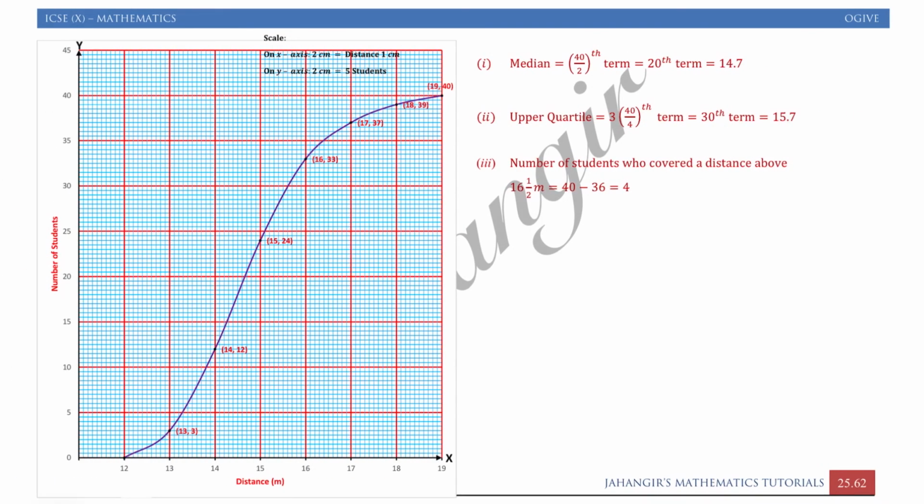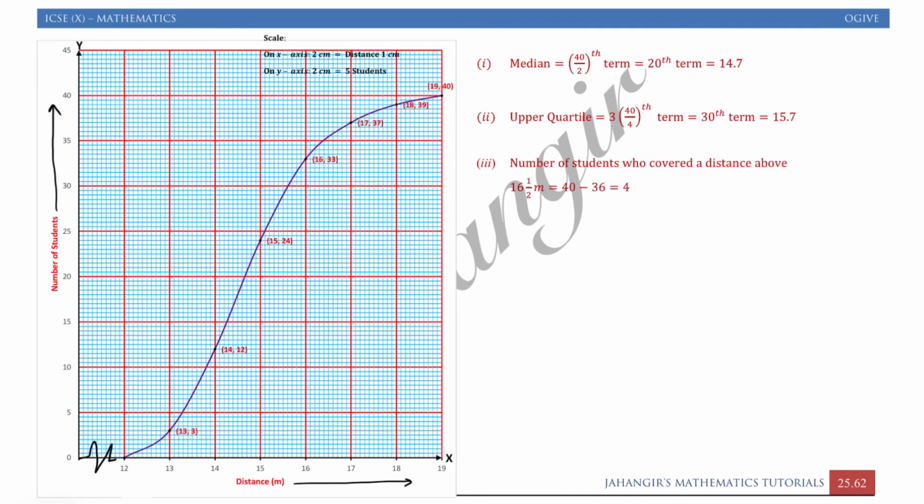On the graph we have to take a proper scale, starting with 12: distance 12, 13, 14 up to 19, and for number of students, 2 centimeter is equal to 5 students.